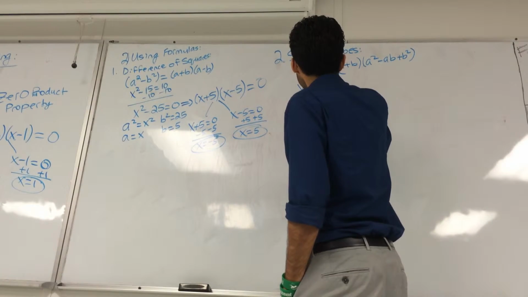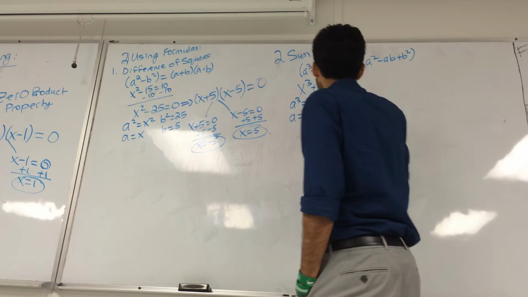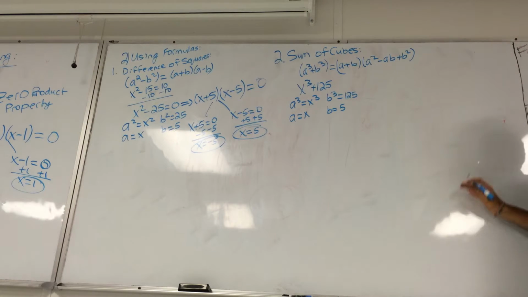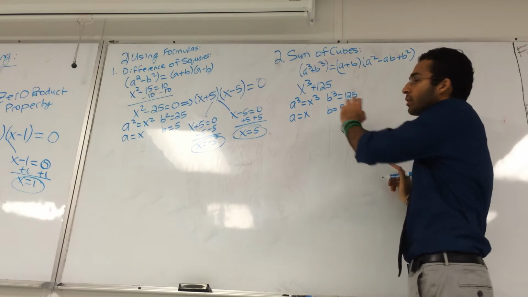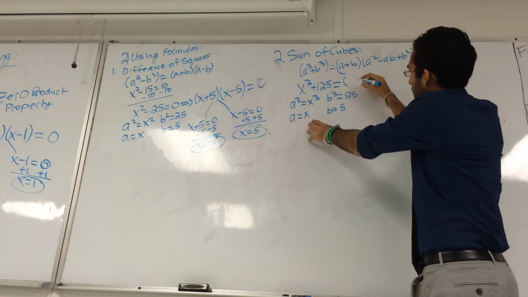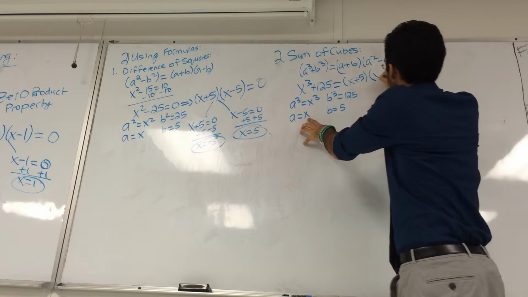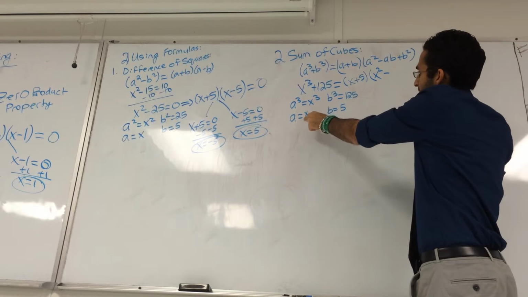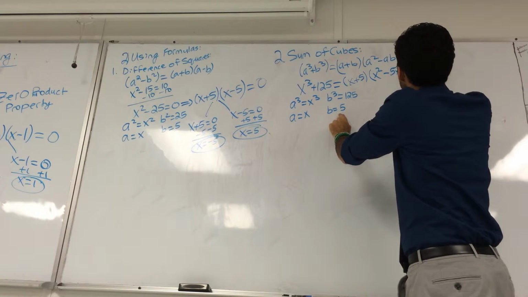I'd write b cubed equals 125 and b equals 5. Right? And now I can go straight to my formula. So I go a plus b, so x plus 5, times a squared, so that's x squared, minus ab, minus 5x, plus 25.